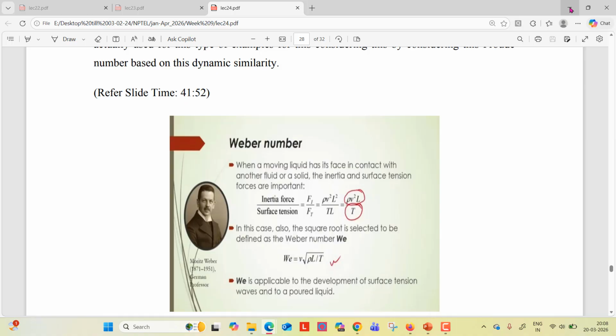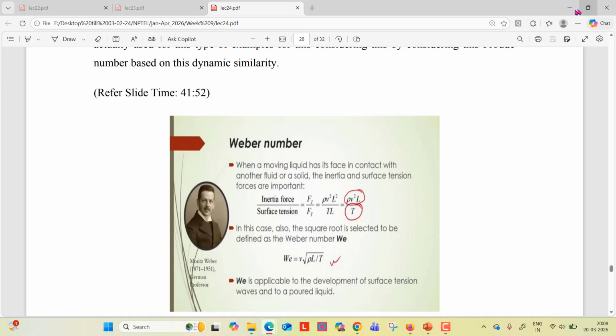So when a moving liquid has its face in contact with another fluid which is immiscible, or a solid, the inertia and surface tension both are important. So it is the inertial force to surface tension ratio. The square root of this value will be the Weber number.